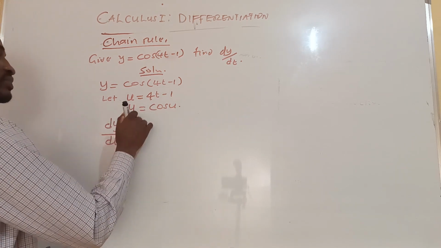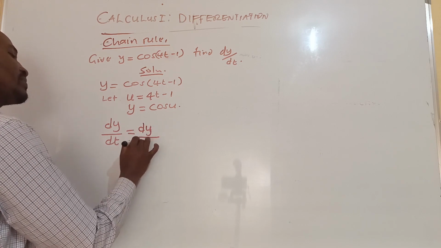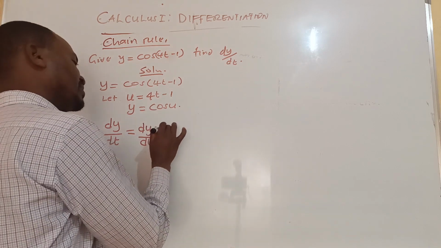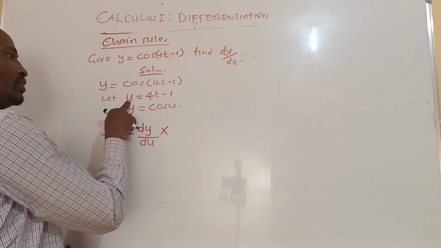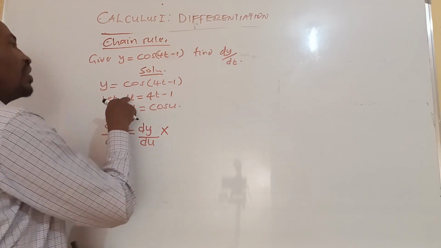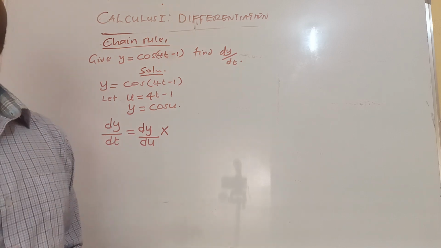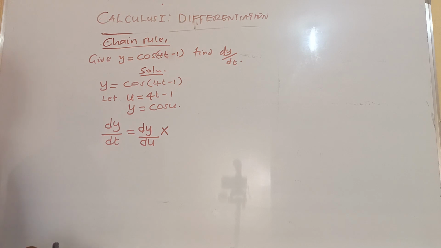The derivative of the outer function is y differentiated with respect to u, times u differentiated with respect to t. Or we take our inner function u and differentiate it with respect to the variable t.